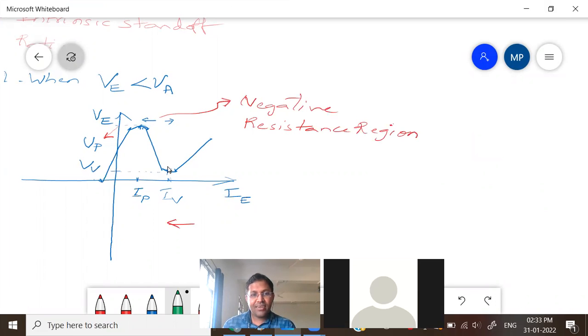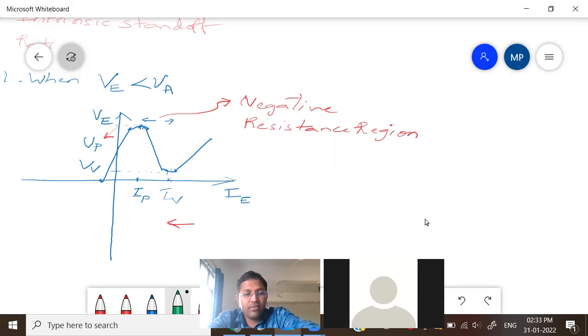Between the peak point and the valley point, same as your tunnel diode, the region is the negative resistance region. After the valley point, it is the saturation region.